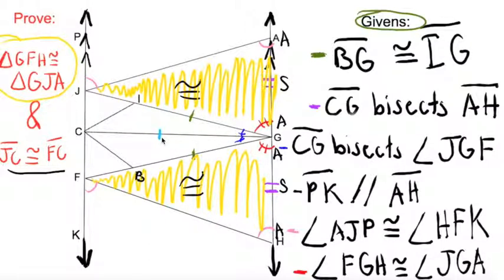So that means that the triangle already has two sides and an angle, which gives us side, angle, side, and for the other triangle, side, angle, side as well. So these two triangles have been proven to be congruent. Side, angle, side again, just to emphasize that.